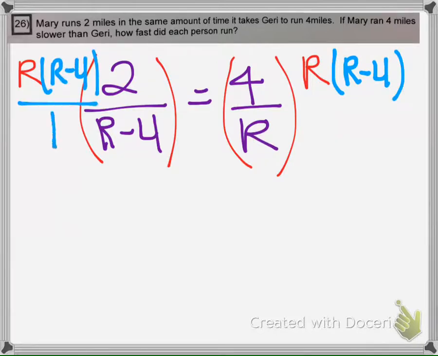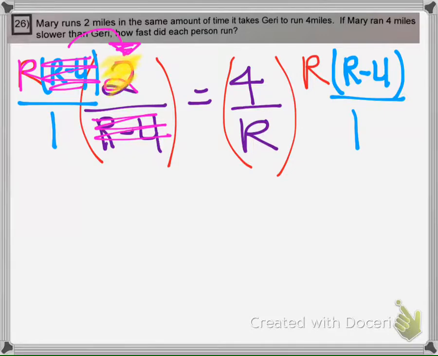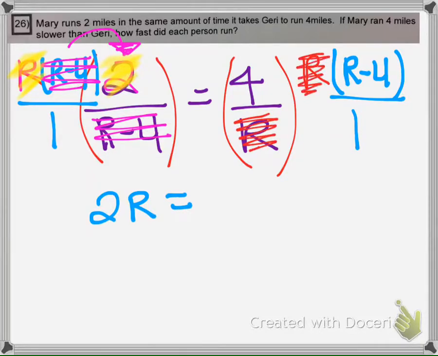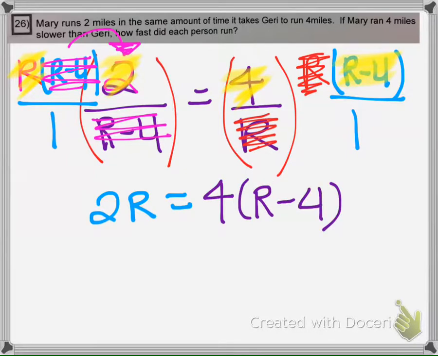When I multiply these together, the R minus 4 cancels out with the R minus 4, and I'm just left with 2 times R, so 2R on the left side. On the right side, the R cancels out with that R, and all I'm left with is 4 times an R minus 4.